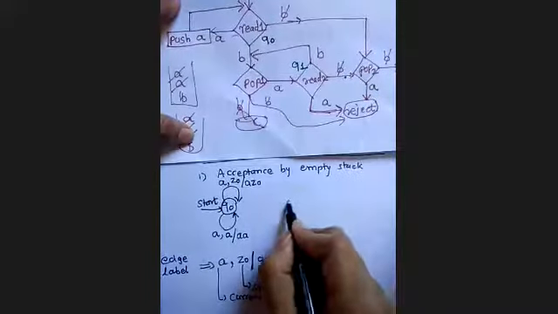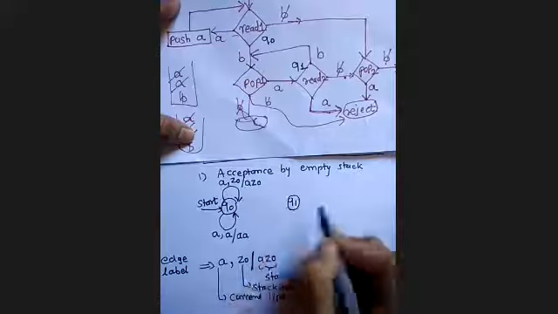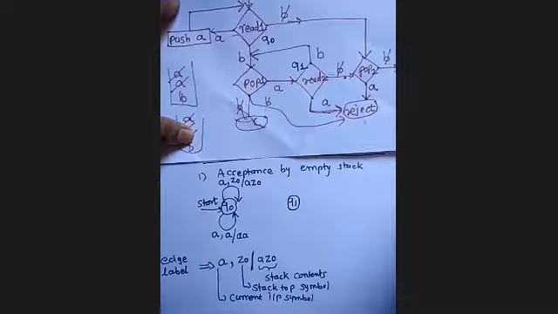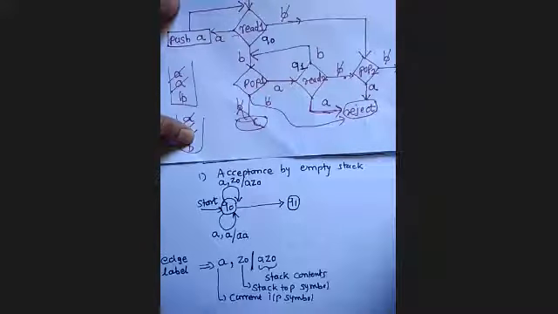Now for the read one, we have used the Q1 state. Can you tell me the transition from Q0 to Q1? Refer to last time's equation. When there is a transition from read 1 to read 2, that is Q0 to Q1, can you tell me the label of this edge?